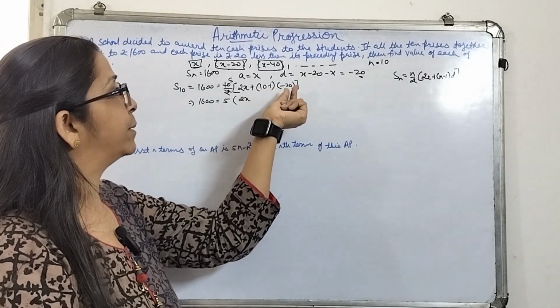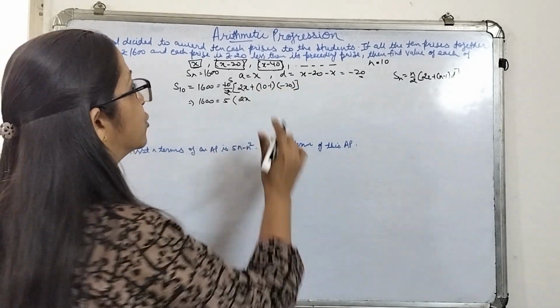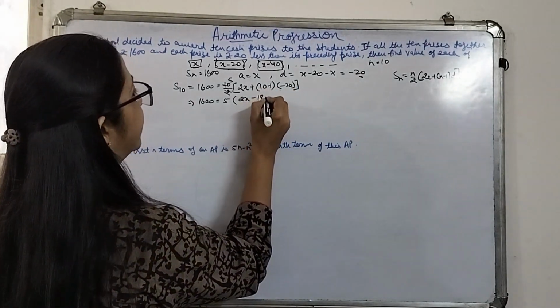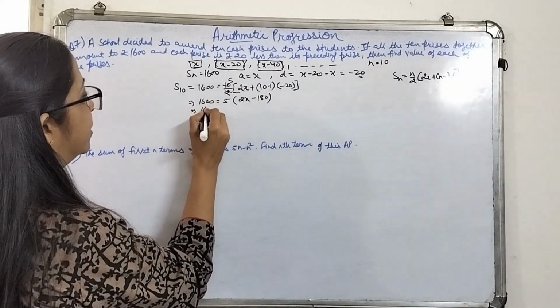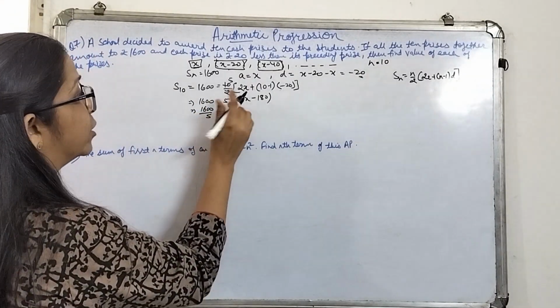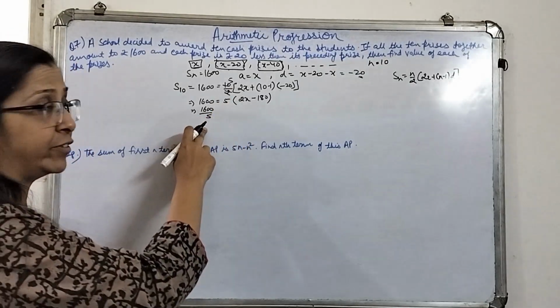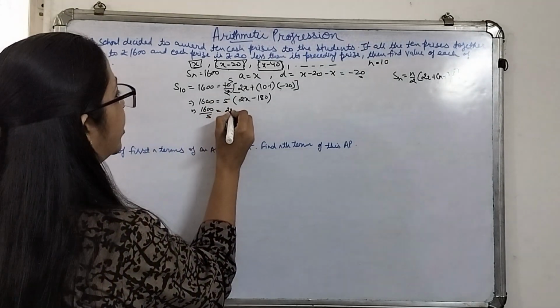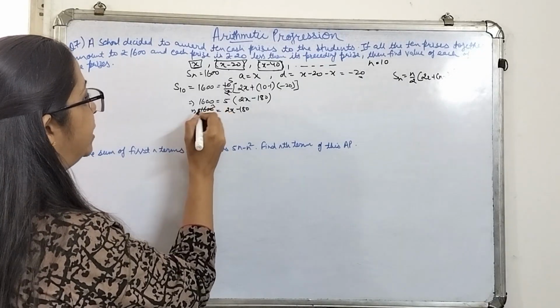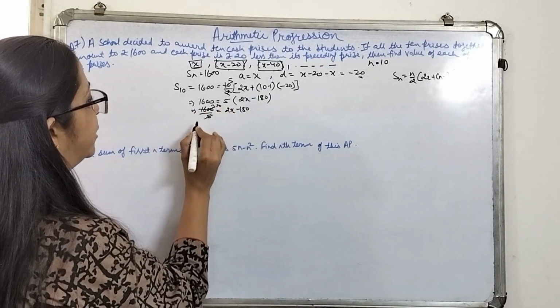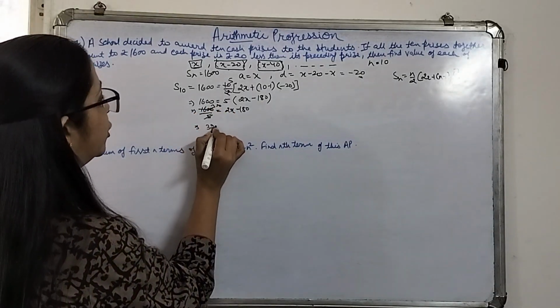When 9 is multiplied by minus 20, it will be minus 180. So 1600 divided by 5, because it is in multiplication so we have taken it in division, is equivalent to 2x minus 180. So 5 threes are 15, 5 twos are 10, it will be 320.